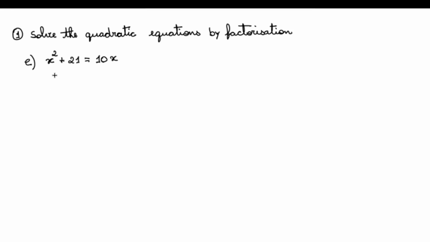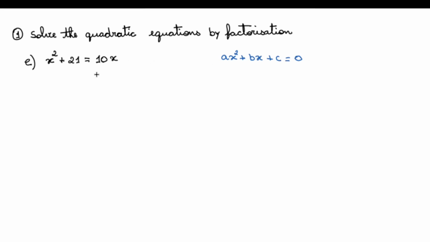Now we want to solve the equation x² plus 21 equals 10x. Note that this equation is not in the form ax² plus bx plus c equals 0. So first of all, we have to organize this equation in this form.